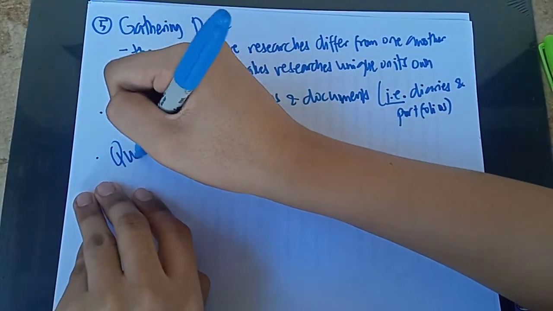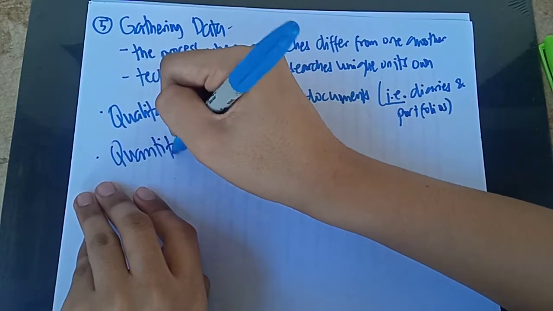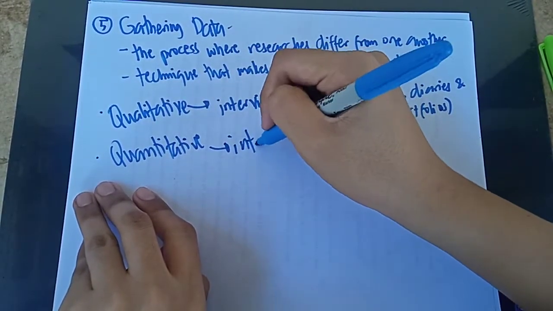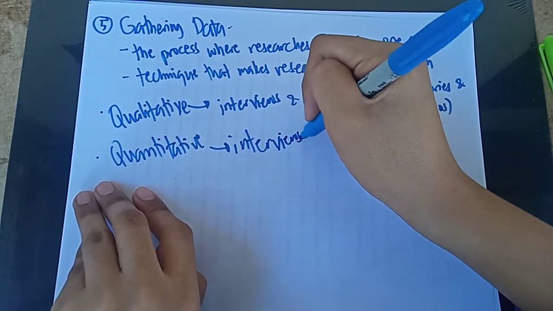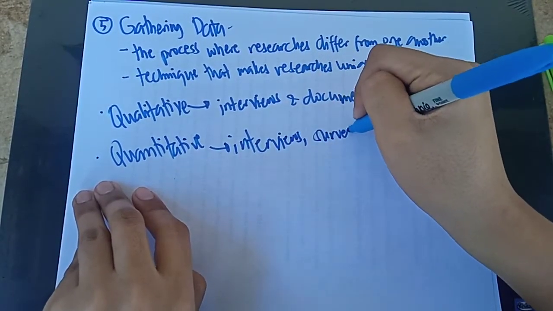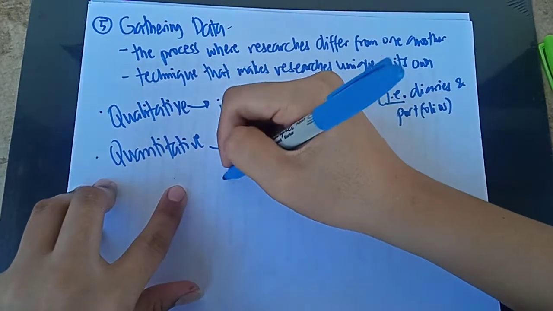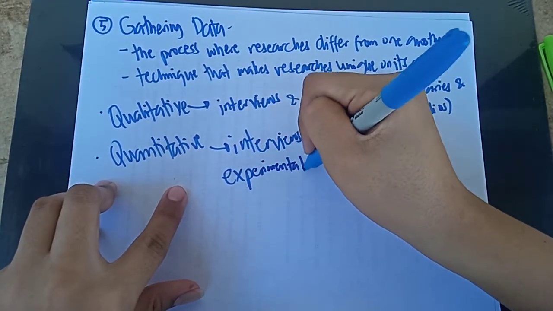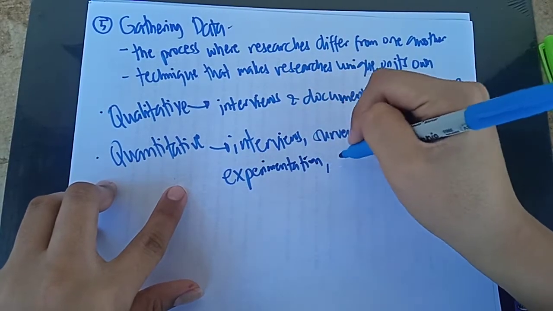While in quantitative, we gather data through surveys or questionnaires, we gather data through experimentation, and we also gather data through observation.